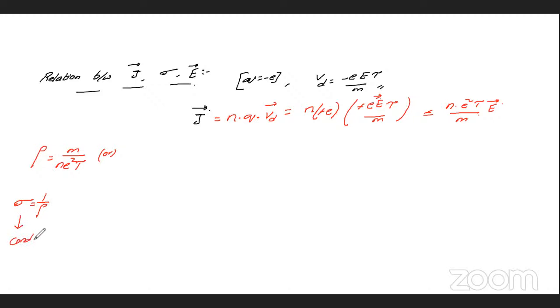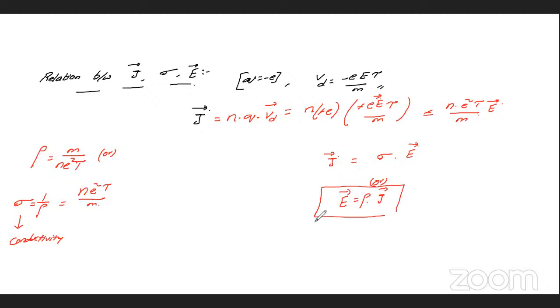So sigma is equal to n e square tau divided by m. Here, J vector is equal to sigma into E vector, or E vector is equal to rho into J vector. Let's take this relation.